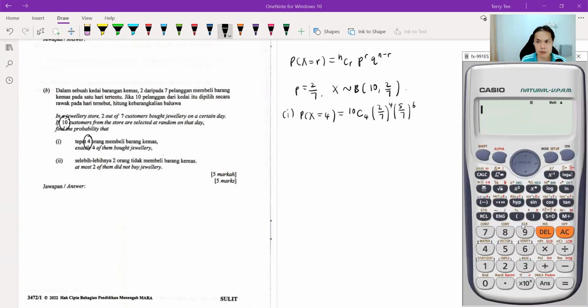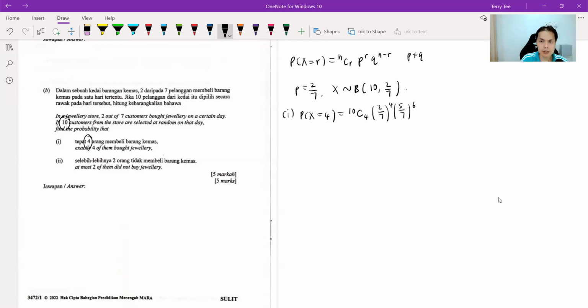Now, there are 2 ways to use the calculator. One, of course, the standard way. We take 10 choose 4, multiply by open bracket 2 over 7, close bracket, power 4, and then 5 over 7. Remember, p and q, they are given by this. p plus q is always 1.